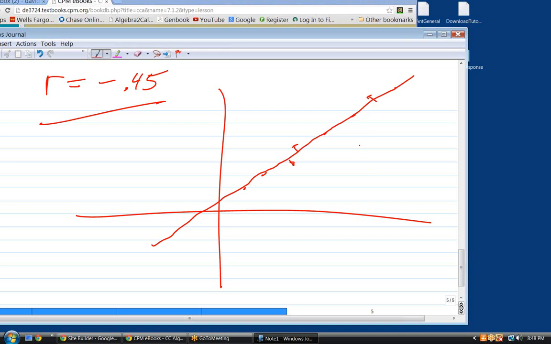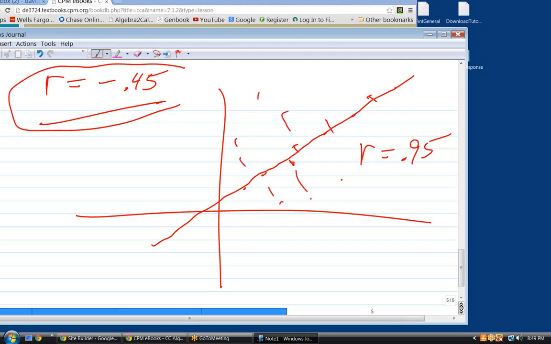So this would be like an r of 0.95. An r of 1 would be where every single data point was on the straight line. So an r of minus 0.45 just means that there's a lot of scatter in that thing.